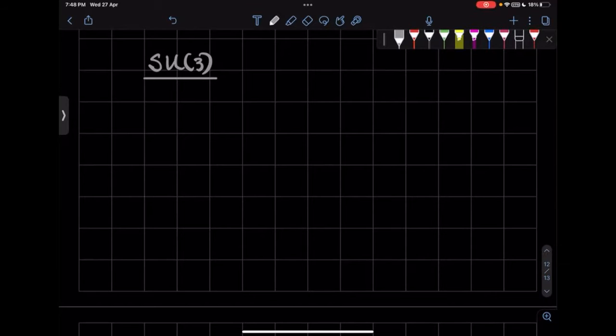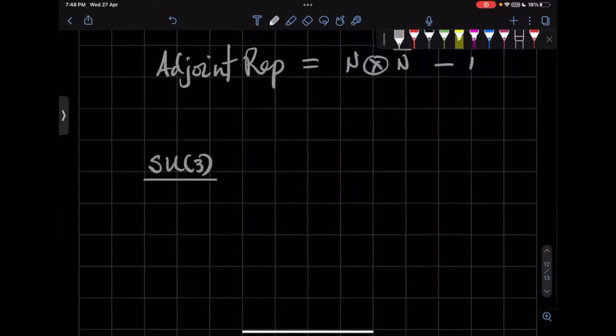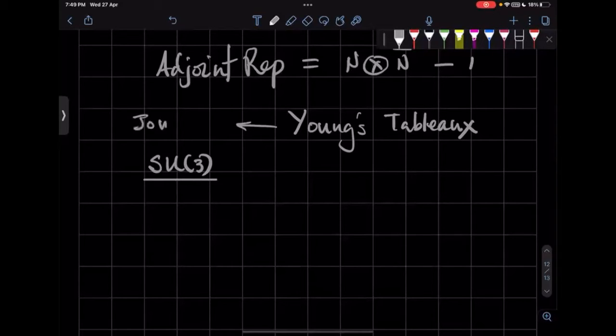So if you're interested in how to construct these things, I recommend you read about Young's tableau. For example, the book by Jones has a very readable discussion, okay? Any other questions?